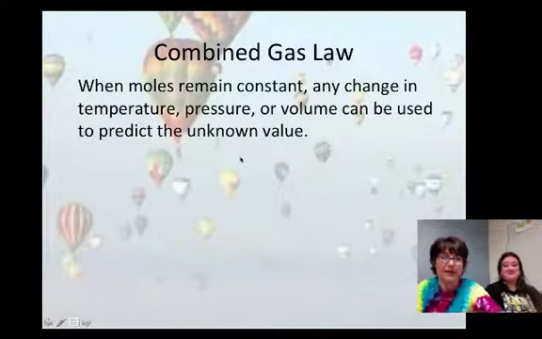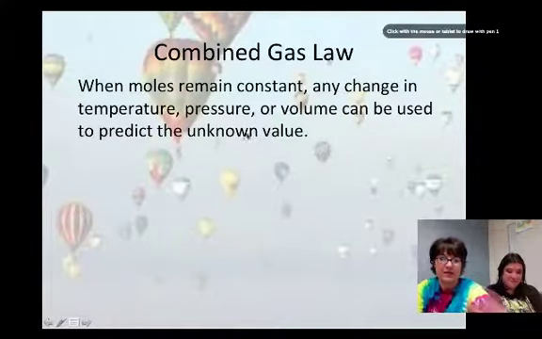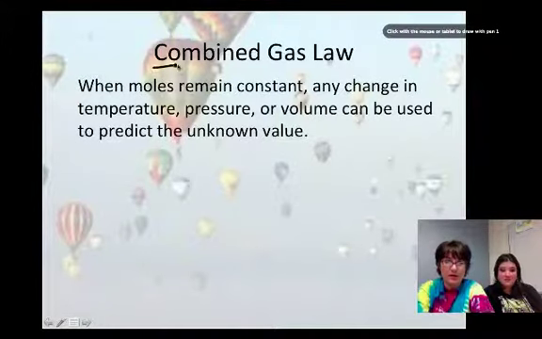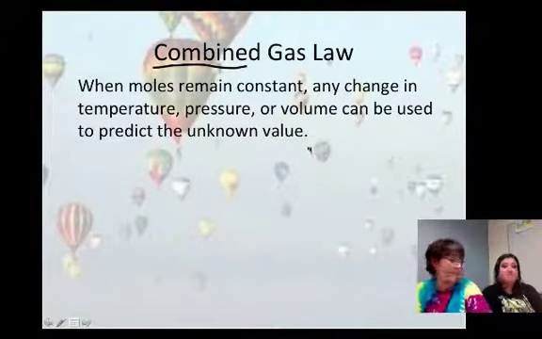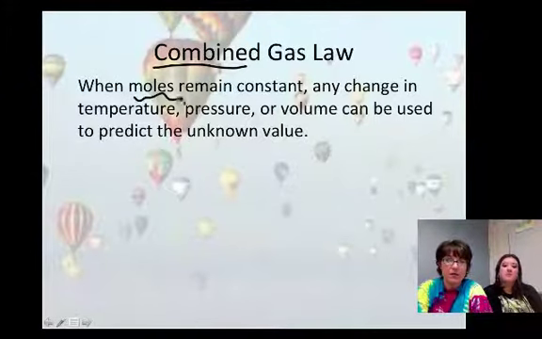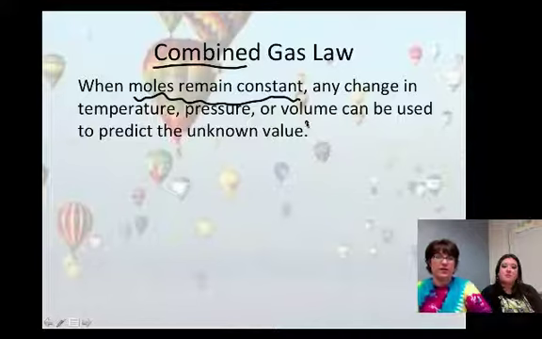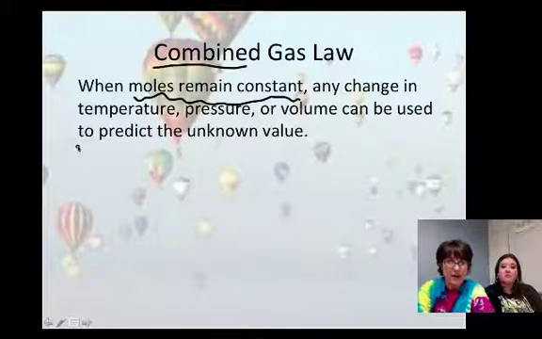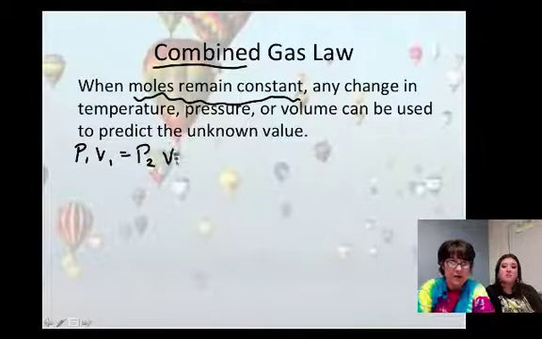Okay, the combined gas law. Basically, we're saying we're going to combine some laws, right? So now, in this instance, the moles will remain constant. Otherwise, we won't be able to talk about what we need to talk about. So we'll take Boyle's law, P1 times V1 equals P2 times V2. There's Boyle's law.